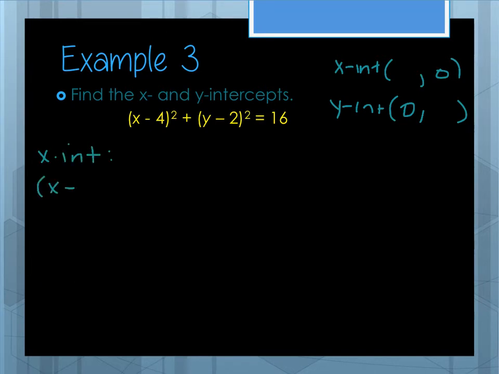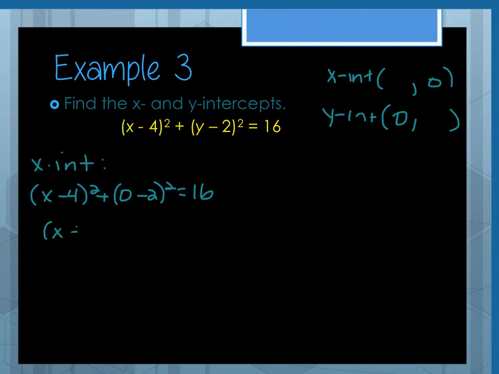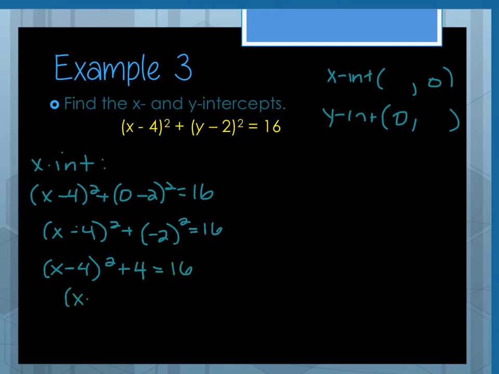Okay. (x minus 4) squared plus (0 minus 2) squared equals 16. (x minus 4) squared plus (-2) squared equals 16. (x minus 4) squared plus 4 equals 16. (x minus 4) squared equals 12.